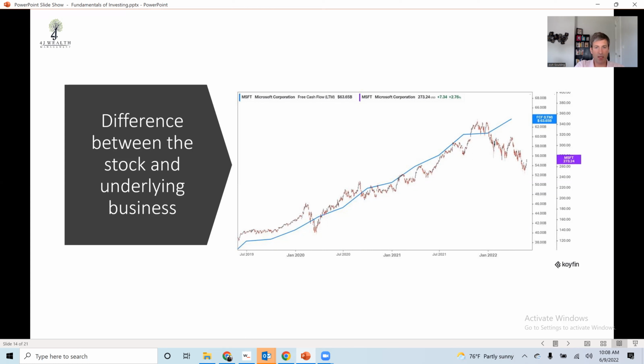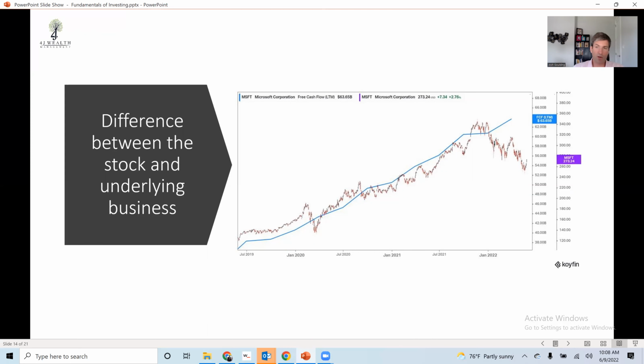Conversely, if you look at the jagged red and black lines, that is the movement of the price of Microsoft stock going back to July 2019. And you can see there that there's a lot more volatility around the price of the stock versus what the underlying business has done.